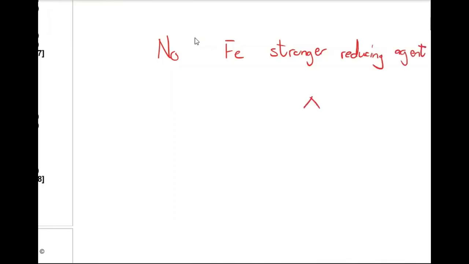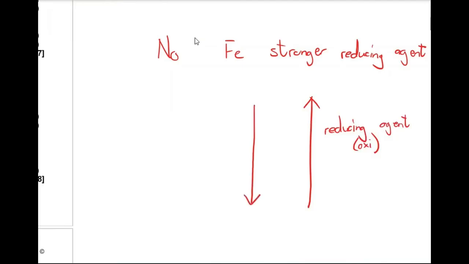On the table, higher up is a better reducing agent, which means it will much rather undergo oxidation, and lower down is a better oxidizing agent. They will much rather undergo reduction.